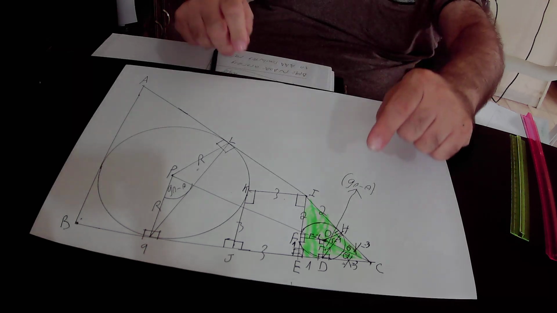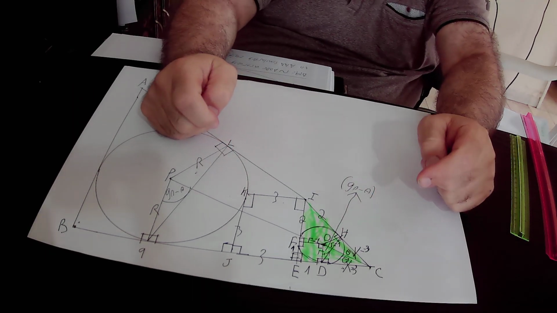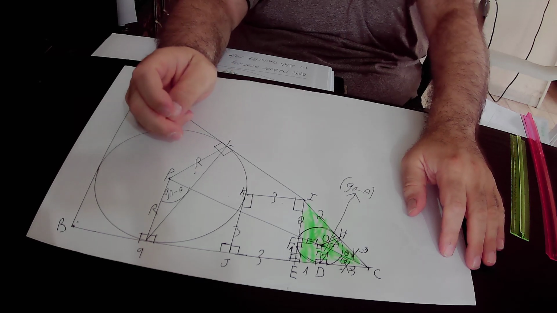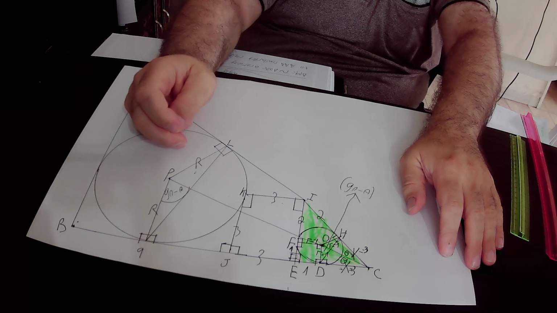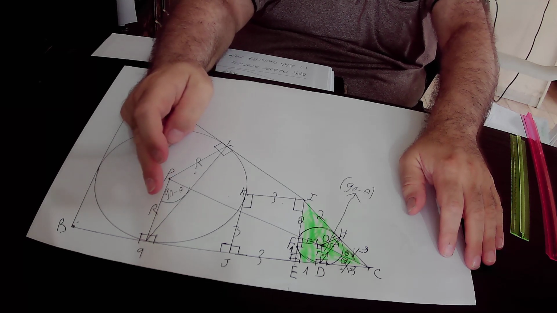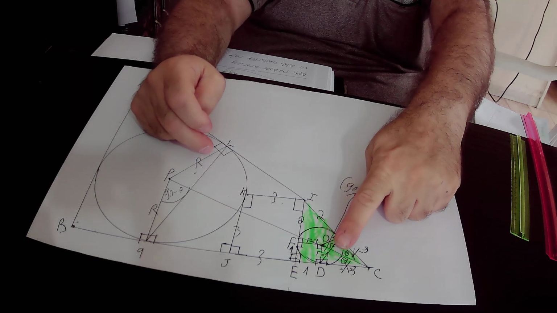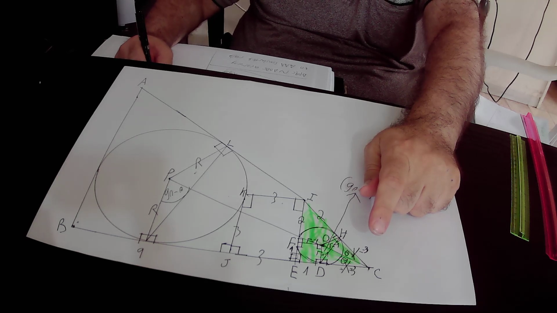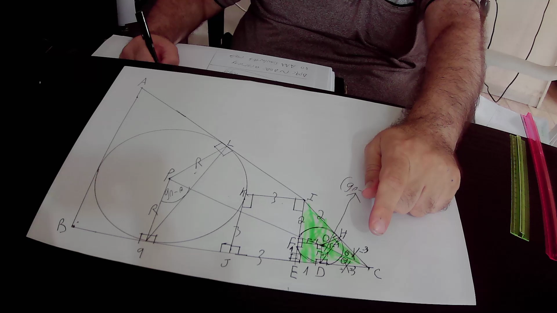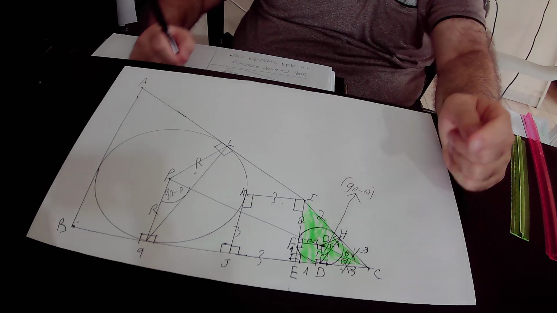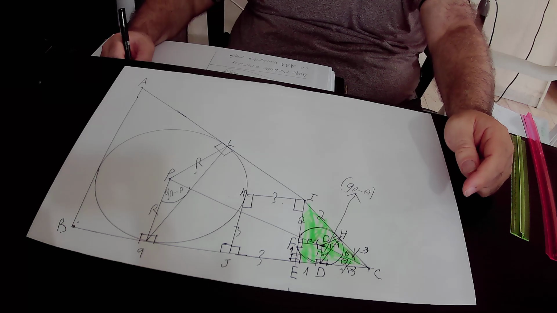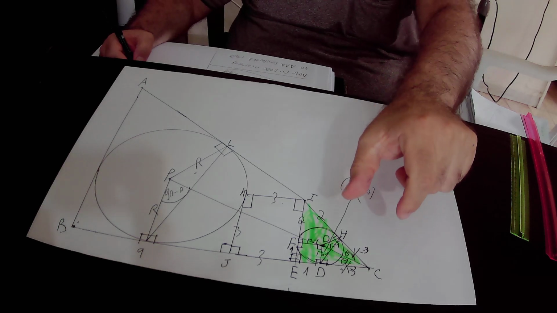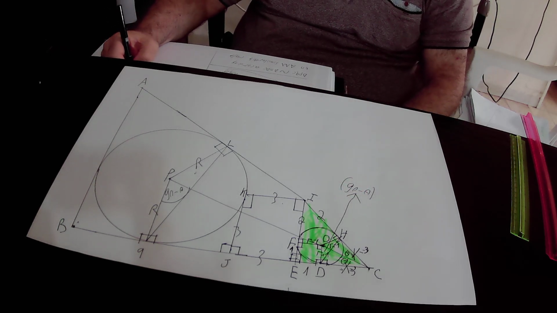And from the fact that those two right triangles are similar to each other, we conclude that the following relationship exists between their sides. We conclude that PQ, the big right triangle, over OD in the small right triangle is equal to QC in the big right triangle over DC in the small right triangle.